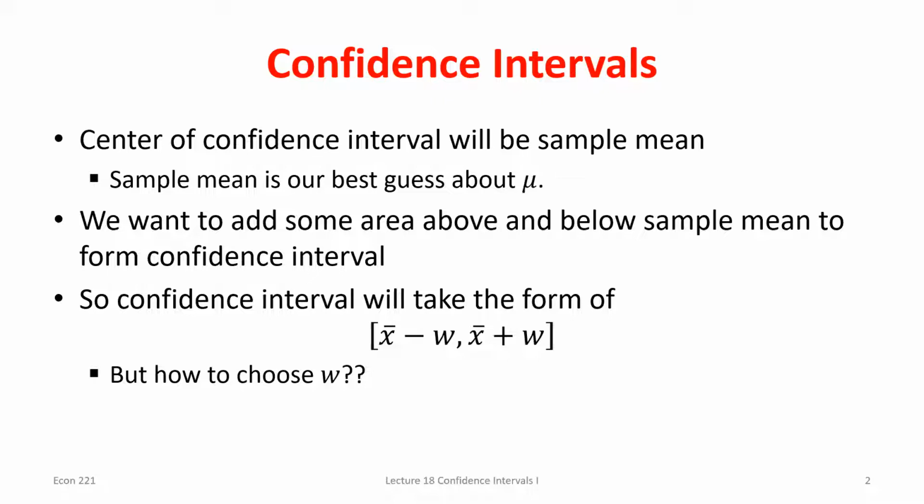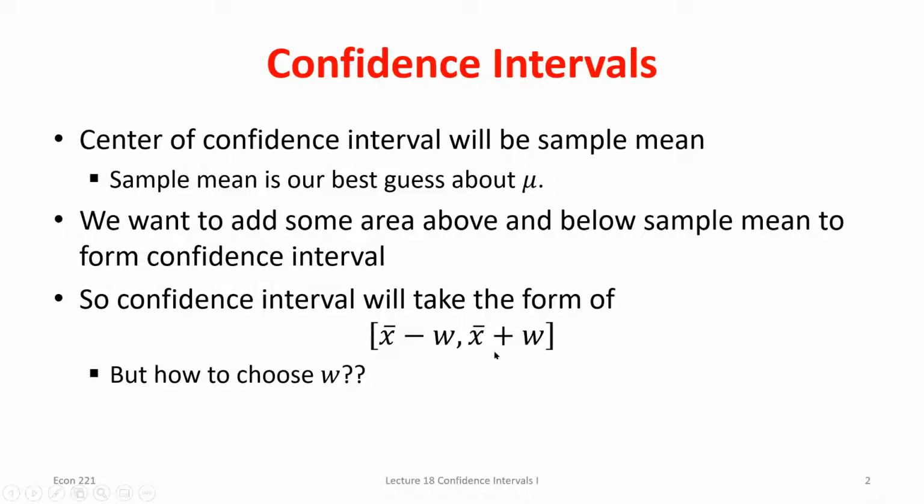Now, if the population mean, let's say income, is 50,000, well, then for my sample mean, I might see 54,000, I might see 48. It's very unlikely if I take a sample of 100 people, I'm going to see a sample mean of 200,000 if the true mean is 50,000, right? So probably the sample means I'm going to see are going to be somewhere close, but they could be a little off, right?